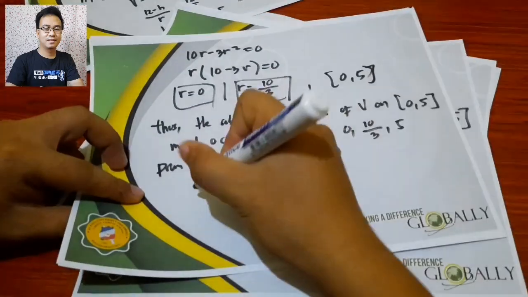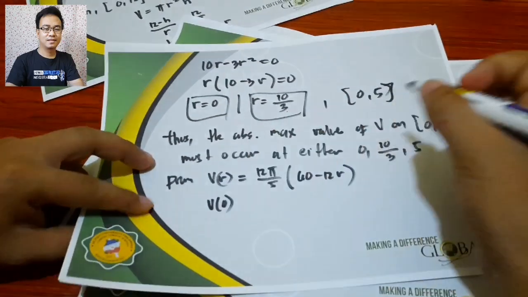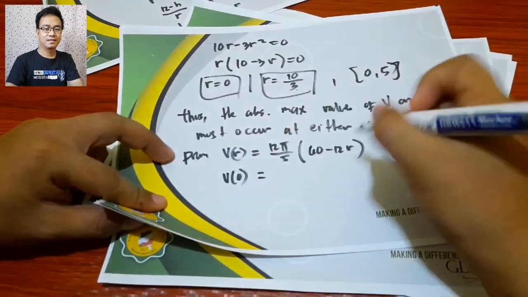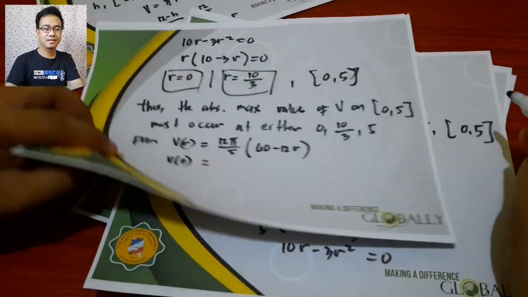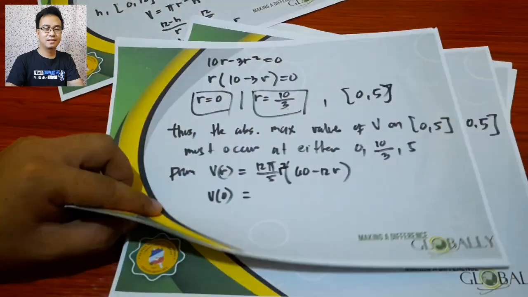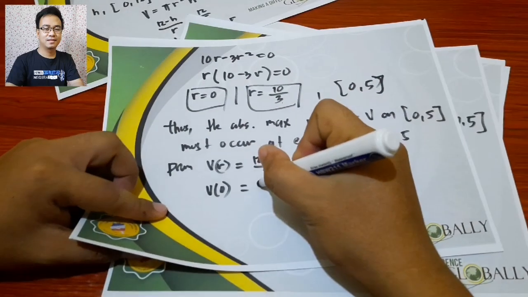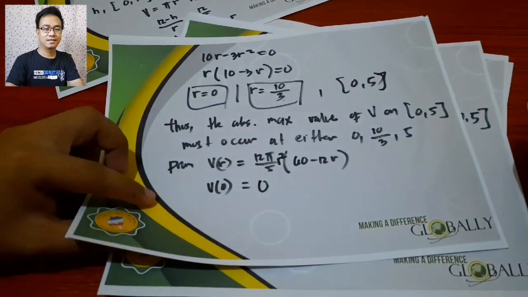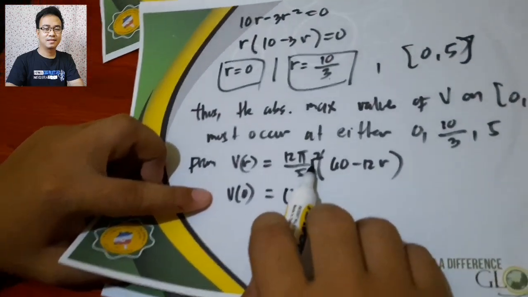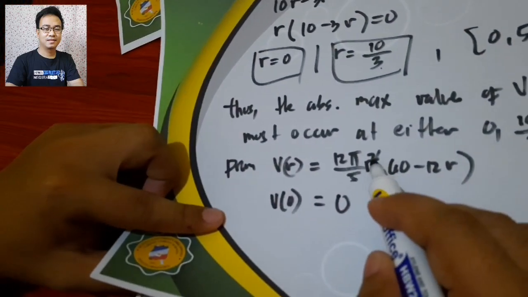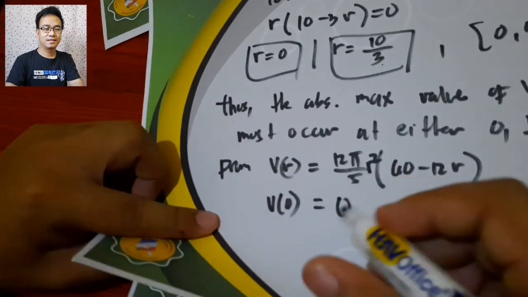Okay, setting R equals 0, we have V equals 0. Because if we substitute 0 in this R squared, the whole of this will become 0.